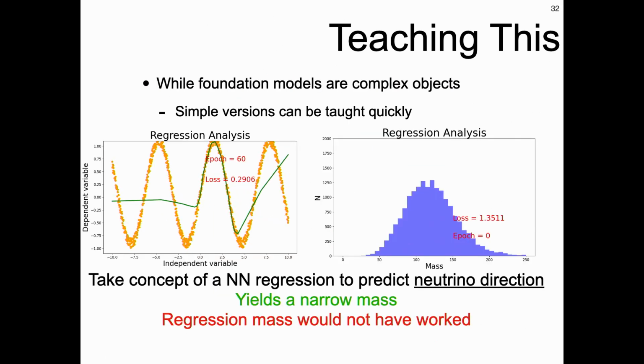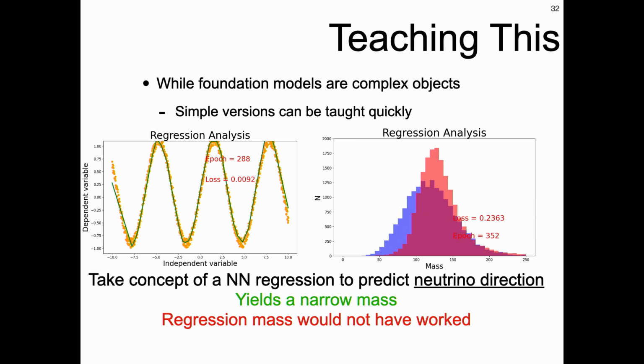So what does this mean in the context of training, of teaching? The idea is, if you want to teach how to effectively use machine learning in the context of teaching something like physics, you want to take the ideas of physical knowledge and machine learning as a tool and combine them. On the left here is a deep neural network regression, where we're just trying to fit a pattern in the data.